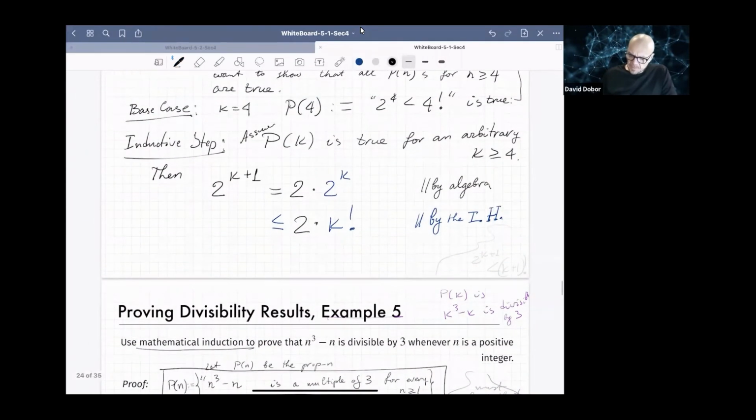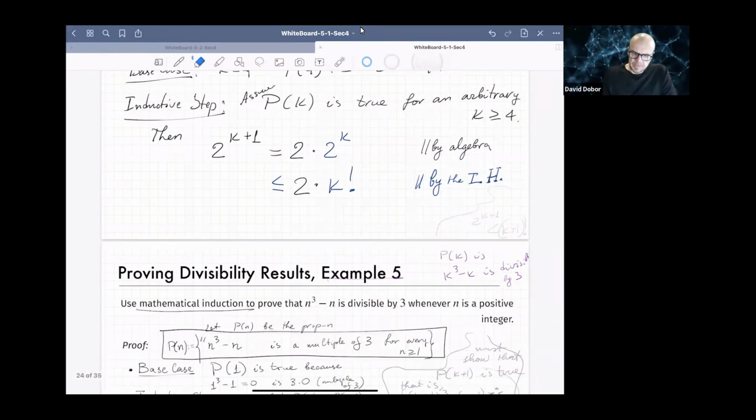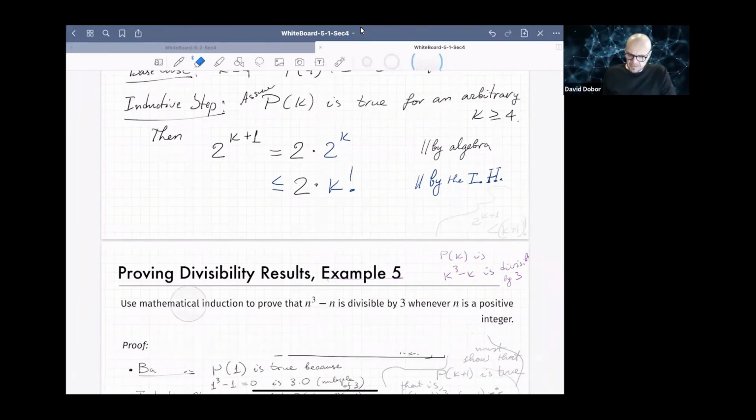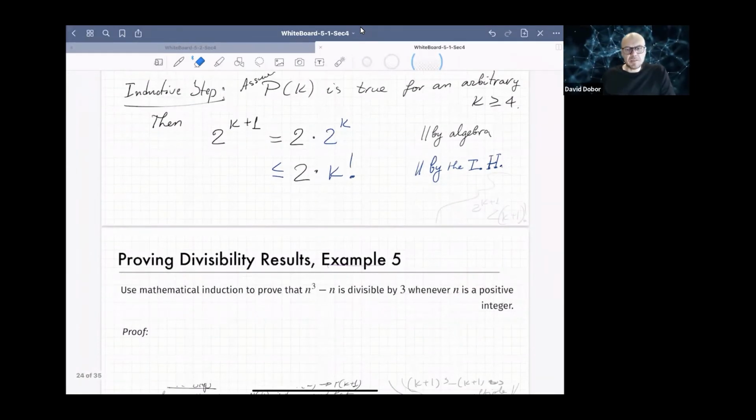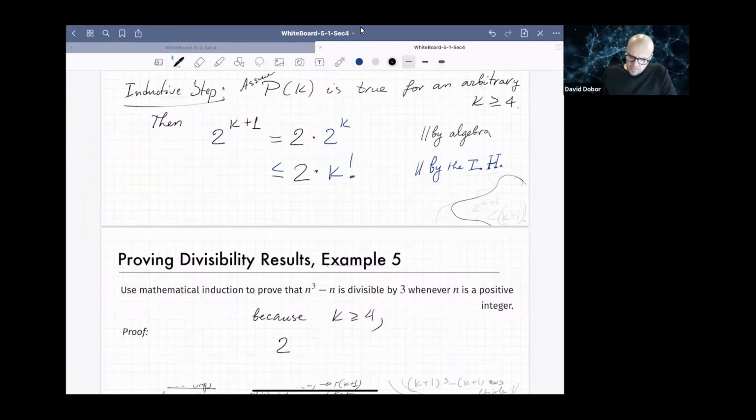Now, any ideas? This is what we want to prove. Because k is greater than or equal to 4, 2 is always going to be smaller than k plus 1.